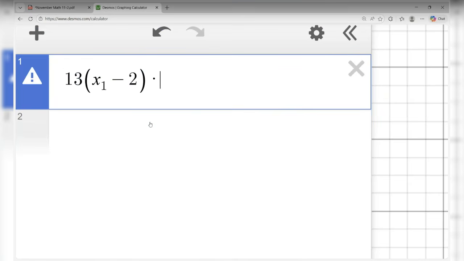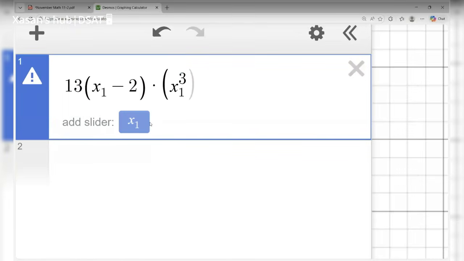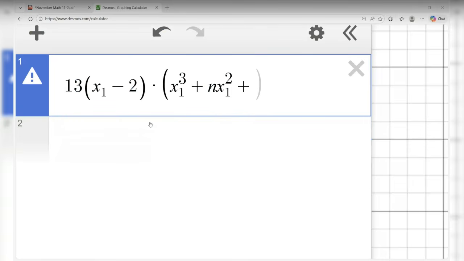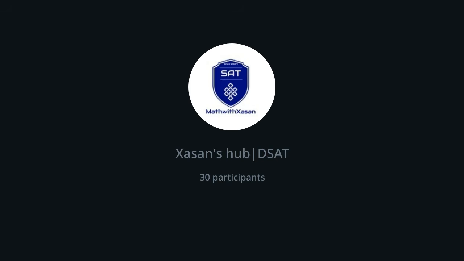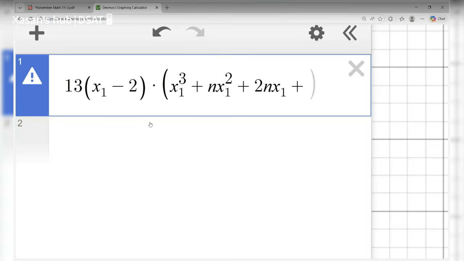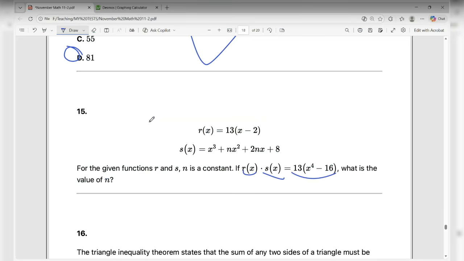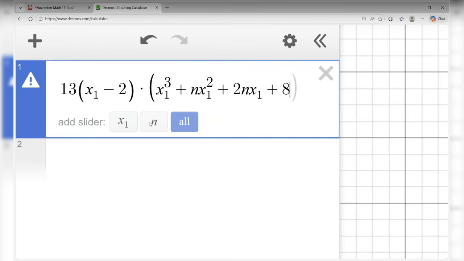And then that one is now multiplied by this x1 cube, guys, plus n x1 square, and plus we have 2n x1 plus 8. And after, guys, it is just tilde, write the rest.